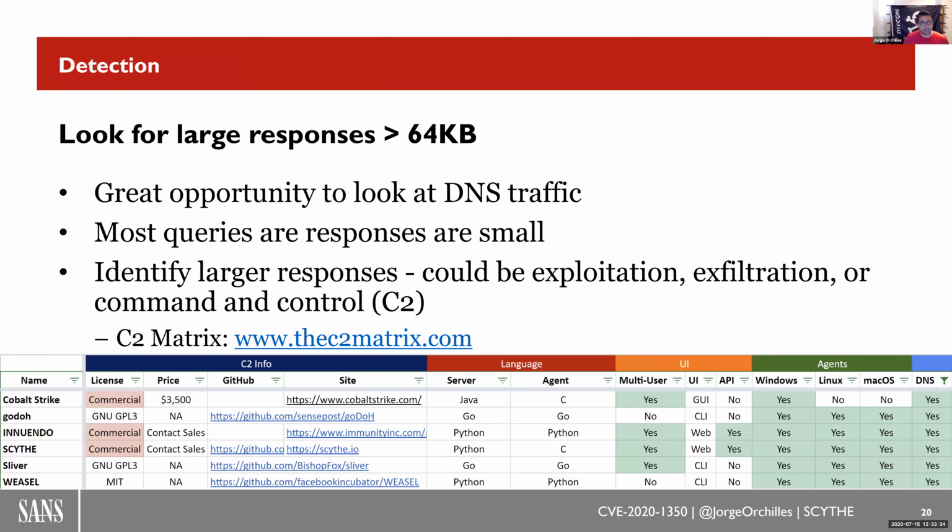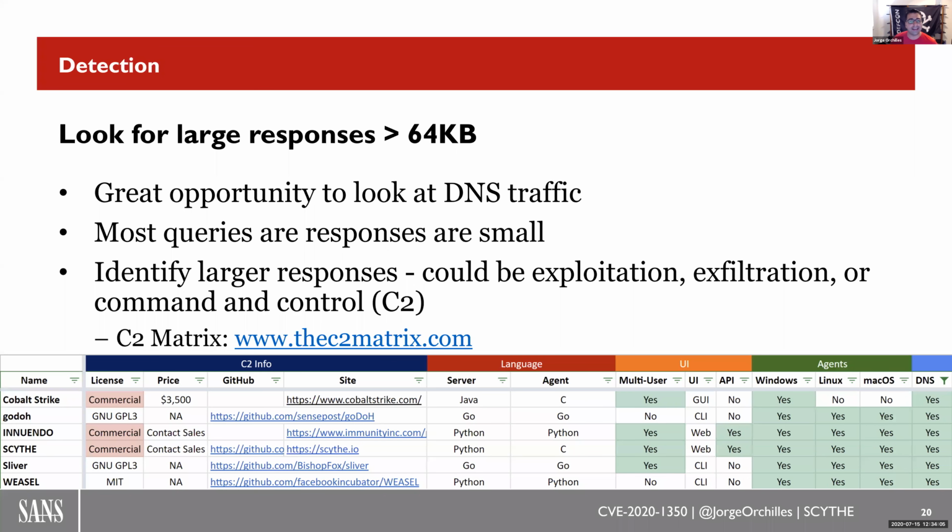So detection. How can we detect if someone's trying to exploit this? There's multiple ways. I actually have two slides on this because it kind of grew over the last 24 hours, which is typical. One of the main things is to look for large DNS responses. Look at your DNS traffic. If you're not already looking at your DNS traffic, it's an excellent point to identify even internal systems that are compromised or going out to bad domains.